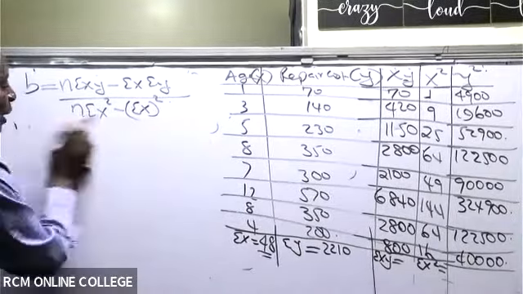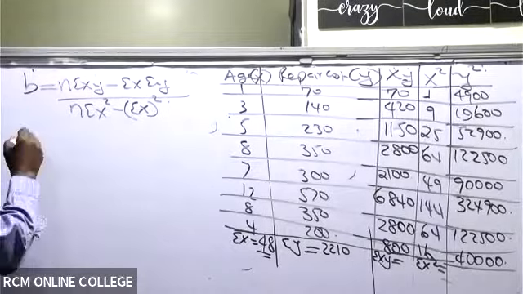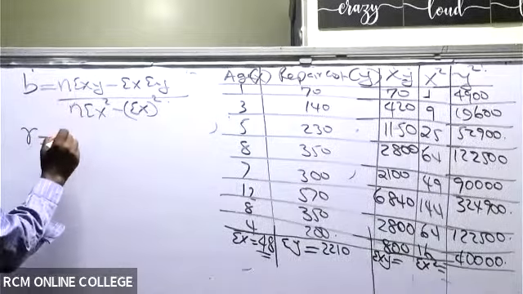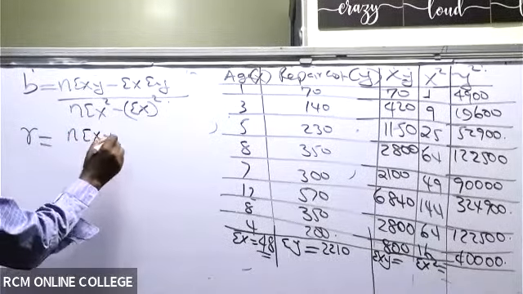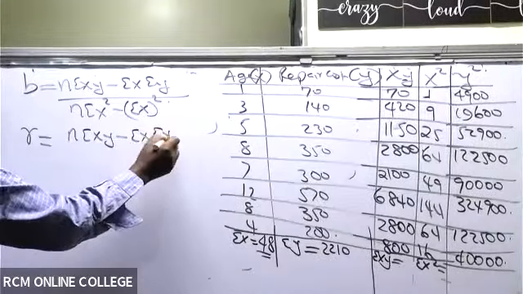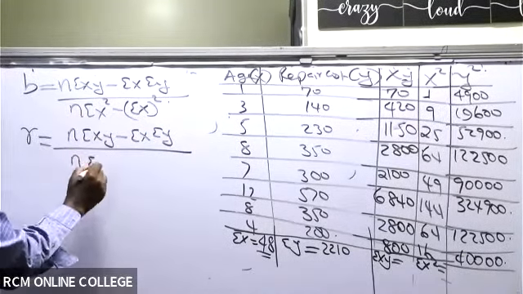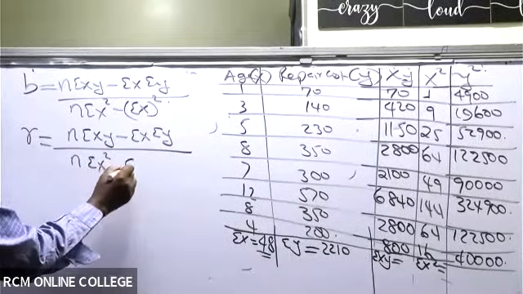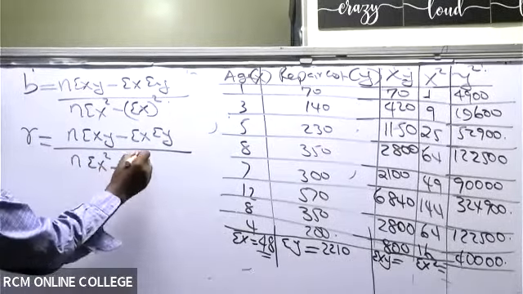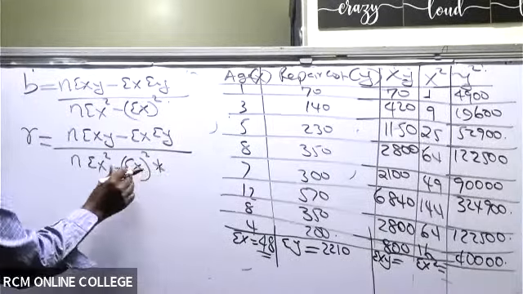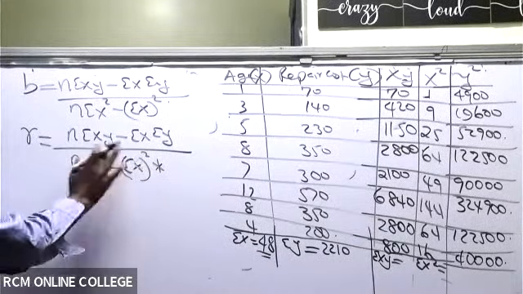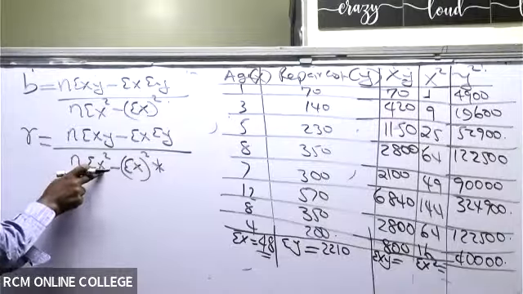To be able to get our r, this is normally what we do. The numerators will be the same: n summations of xy minus summation of x, summation of y, all over this: n summations of x squared minus summation of x squared, times the same style, but now we replace with y.